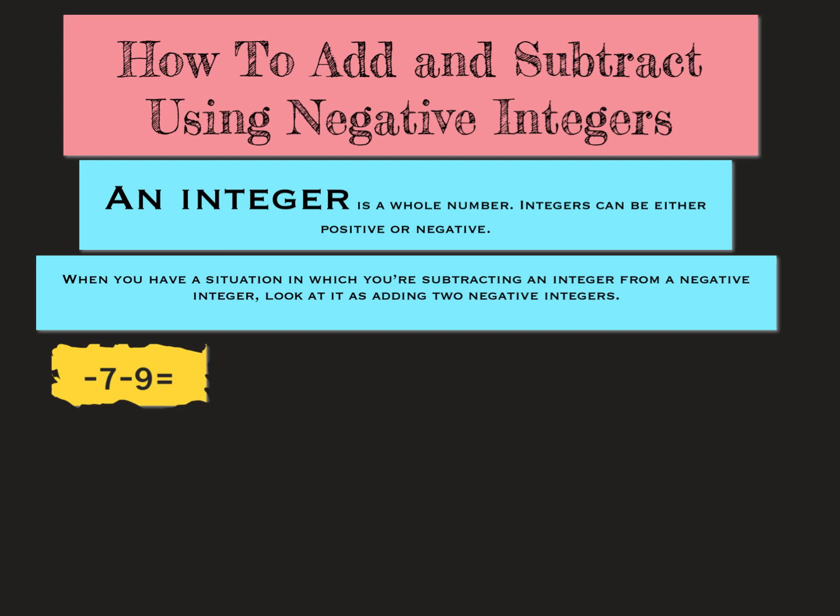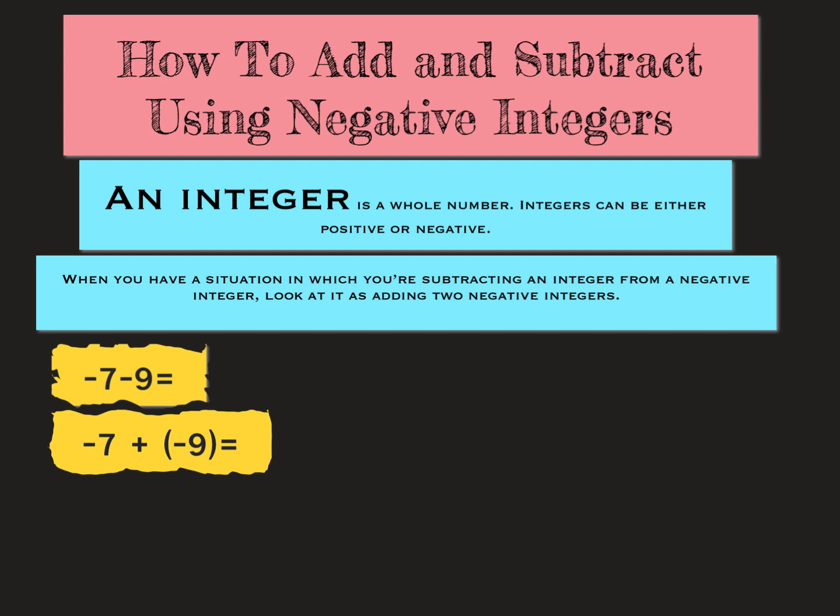Here we have negative 7 minus 9. And so when we have a situation like this, a negative number, and we're subtracting a number from a negative number, we look at it as negative 7 plus negative 9.